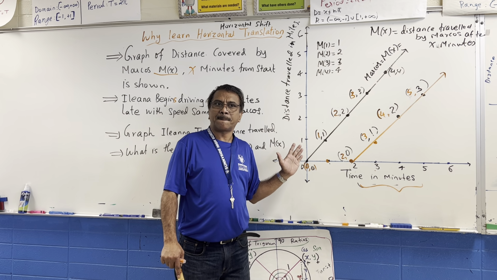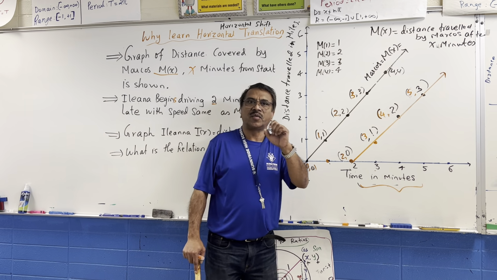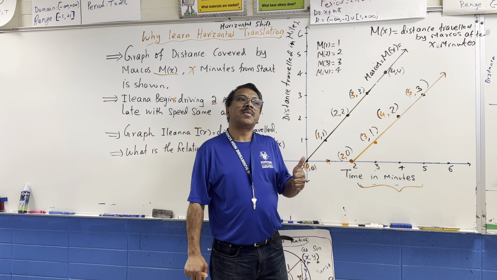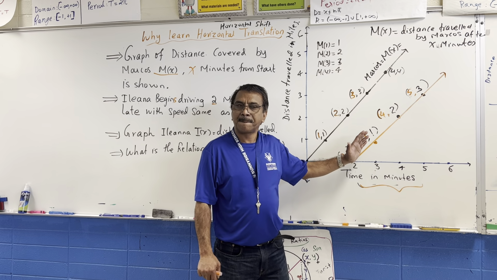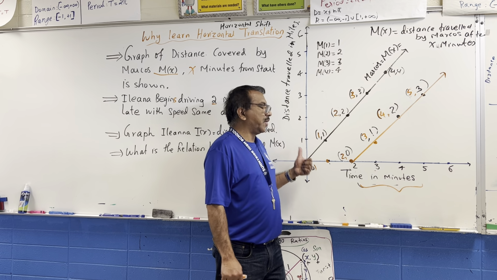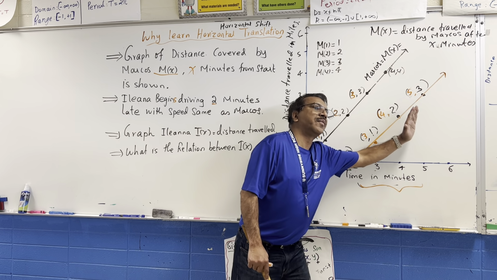Make sense? Again, I repeat it. This is the hard part. You may be getting confused now. Last time, do you remember I said if you see a graph shifted to the right, if you have this m of x, how do we graph this one?